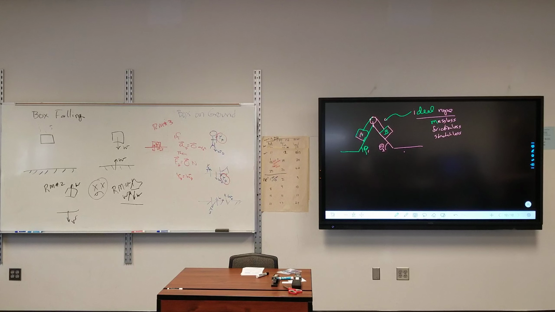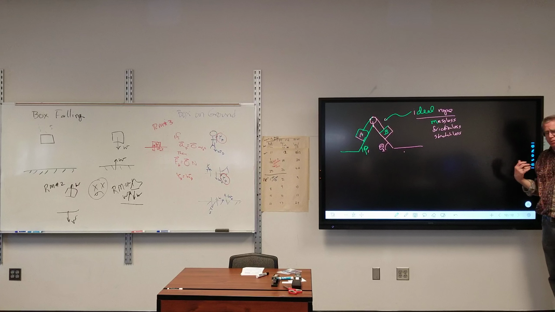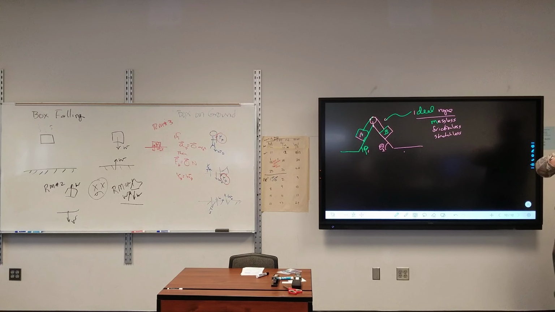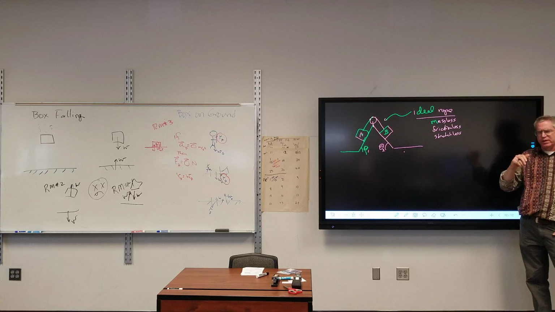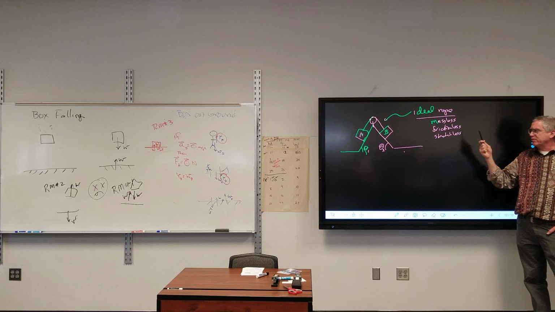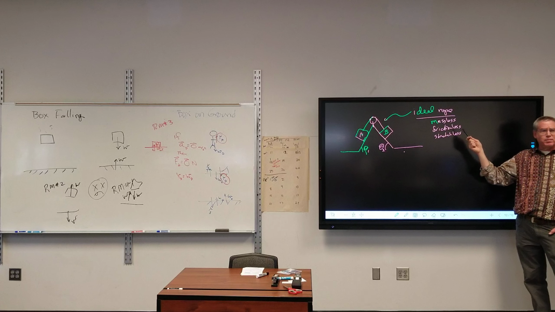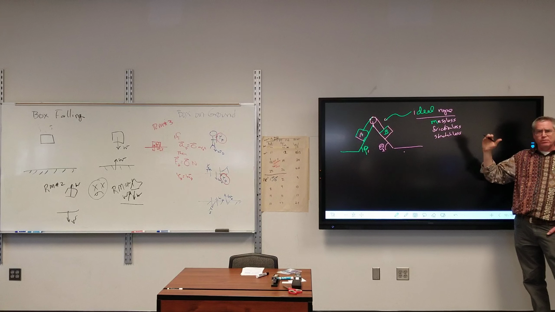We assume, from a reality point of view, we'll be using string in the labs. The weight of the string should not be significant. There will be a lab near the end where it does start to play a factor, but not a significant one. Frictionless, I'm not worried about forces acting on the rope to keep the rope from moving.